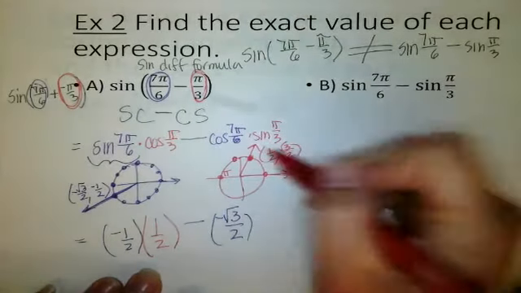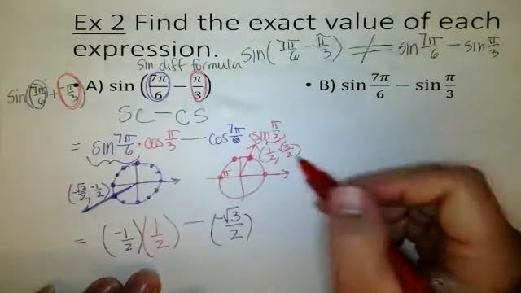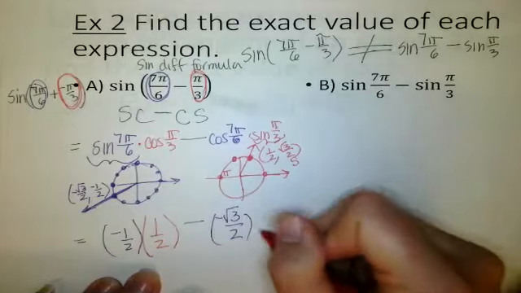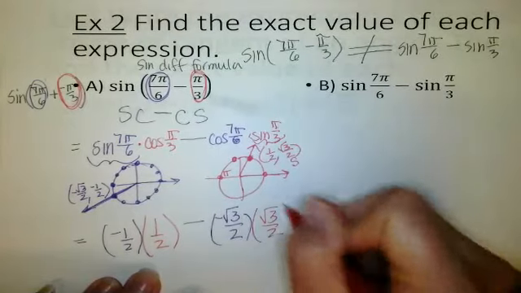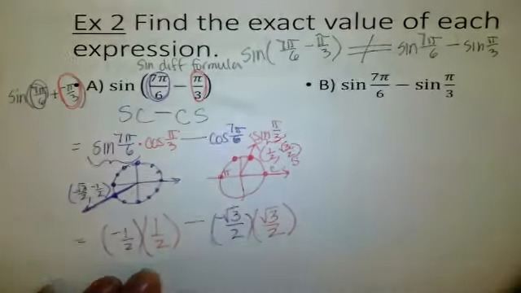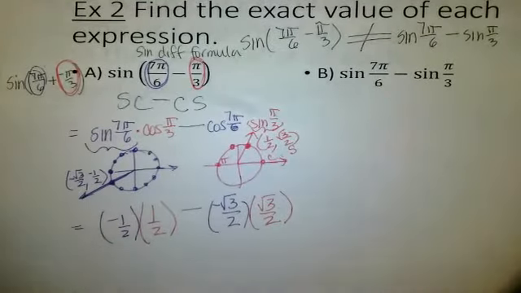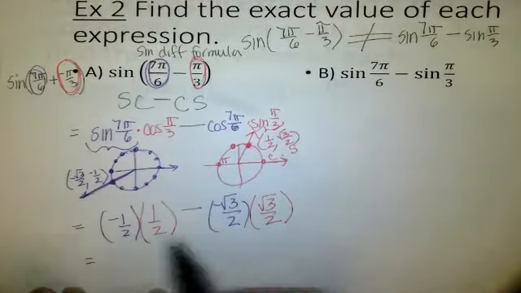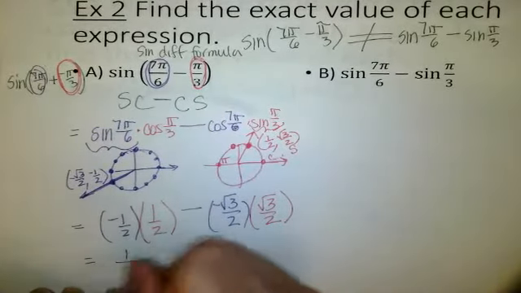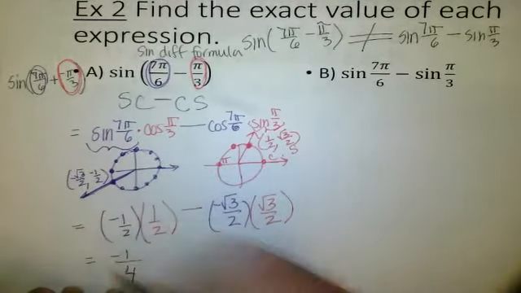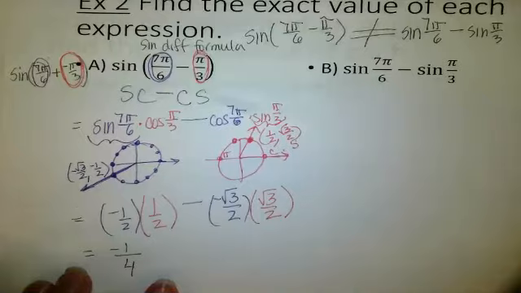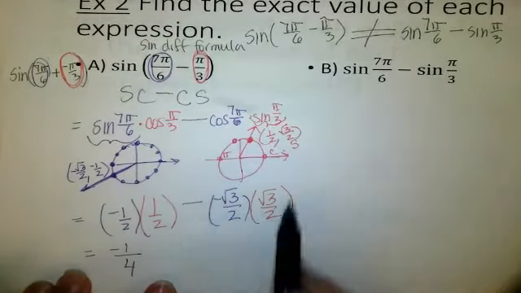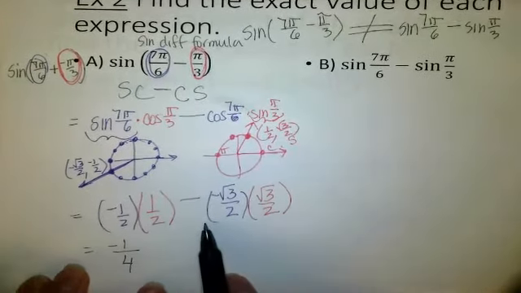Good. And the sine at pi over 3? Radical 3 over 2. Remember, they go cosine, sine, alphabetical order. Okay. And then we just get to multiply straight across. Negative 1 times 1 is 1. 2 times 2 is 4. Sorry, negative 1. Now, in the back end here, is our result negative or positive?